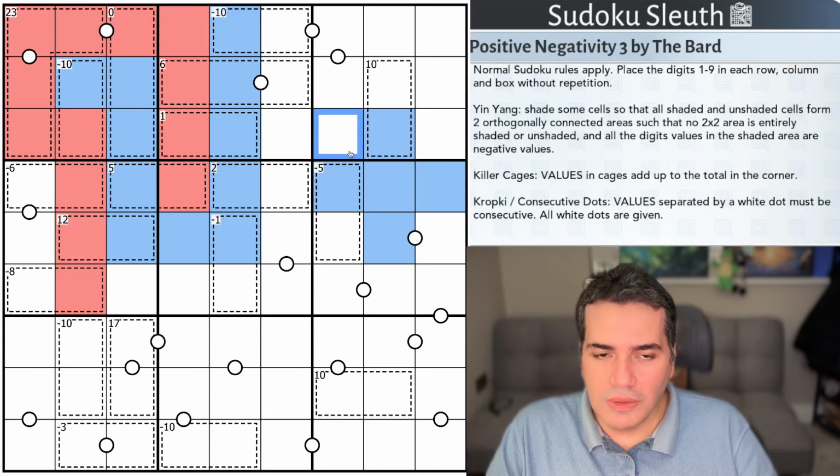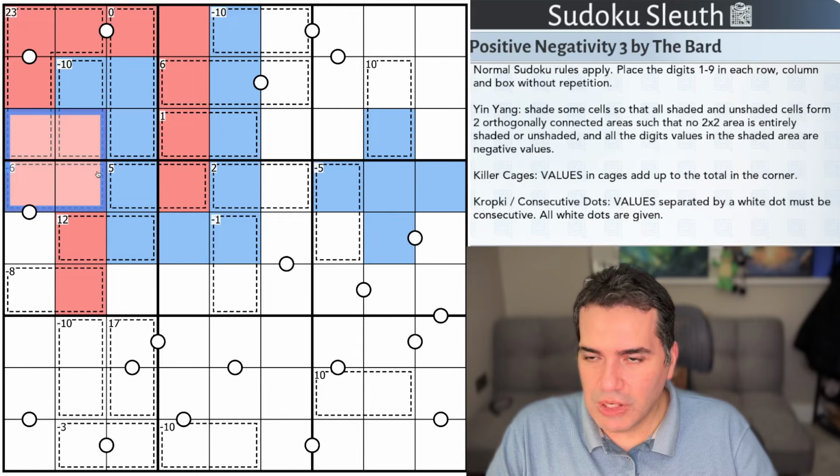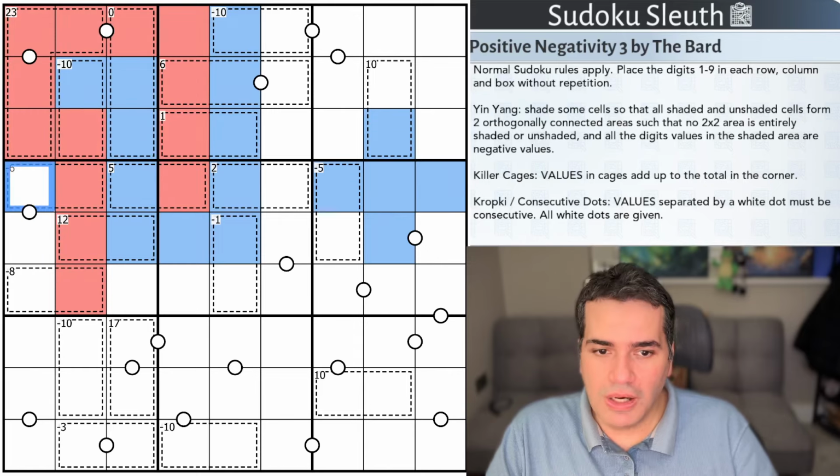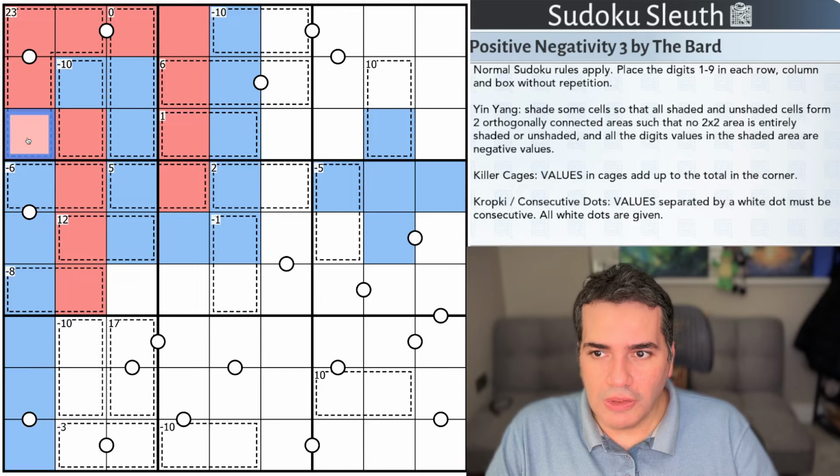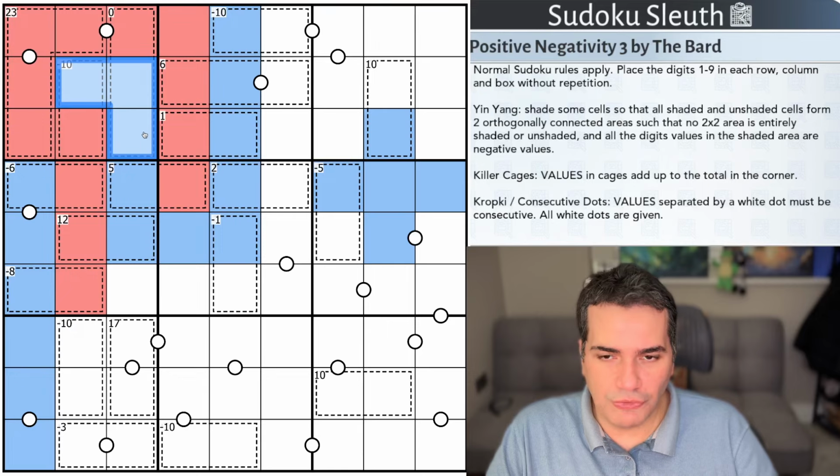Second thing is, I can never form a 2 by 2 area of the same color. So the second I made that red, I have broken the puzzle. I can, however, make that blue. That's absolutely fine. Now, one of these colors, the digits that are on there are negative, and one of these colors, the digits that are on there are positive. Hence the positive negativity kind of title.